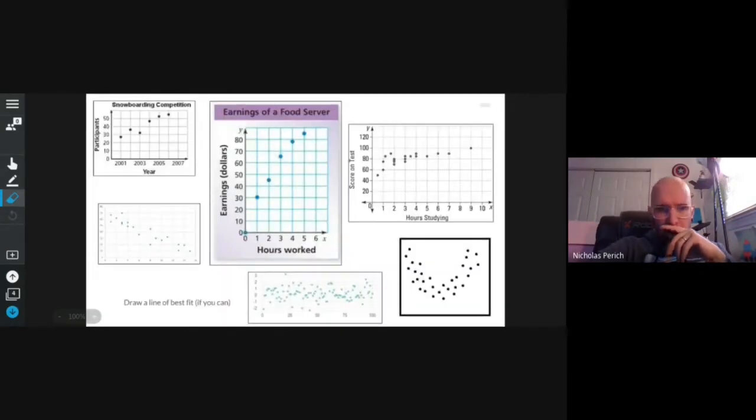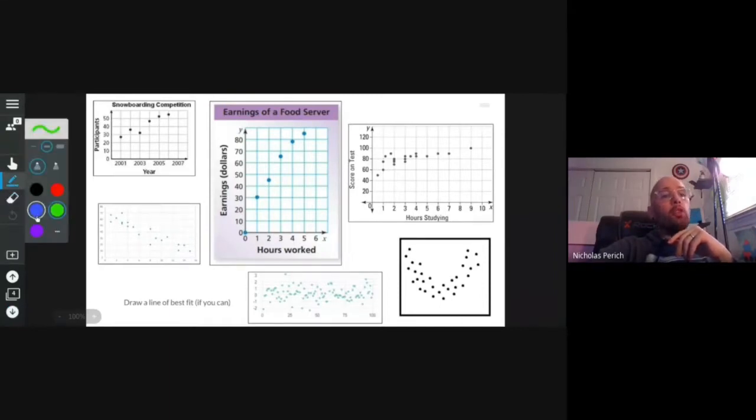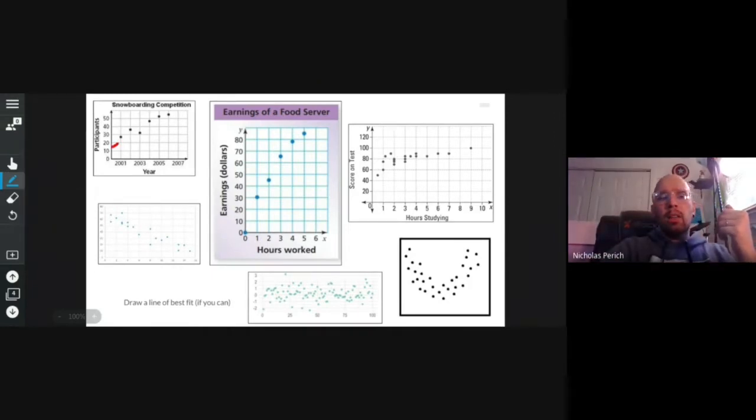Draw a line of best fit if you can. So again, if you have your own notes, which I emailed to you guys either yesterday or last week, if you printed it out or if you have it on your phone, you should be able to draw a line right in the center of that, and right in the center of that, and right in the center of that. Maybe I can lower that a little bit.